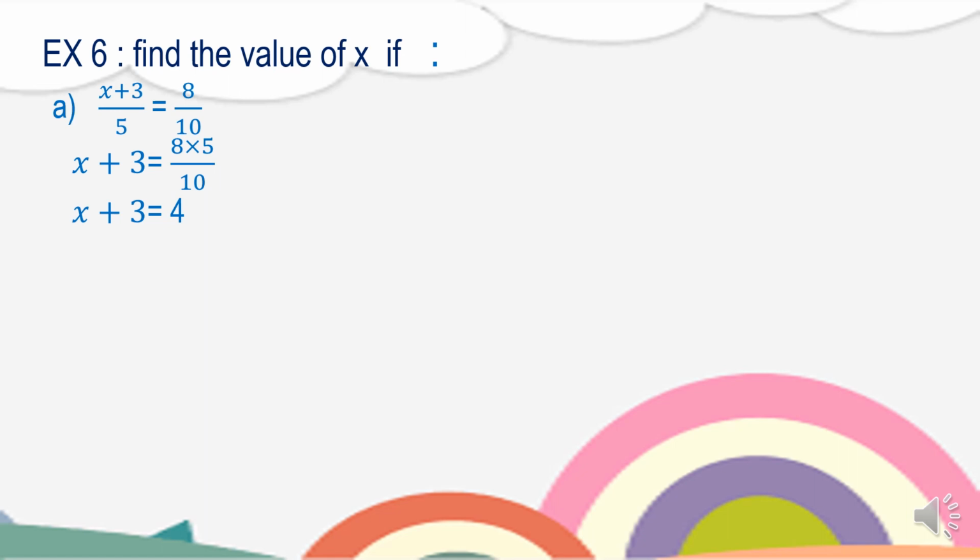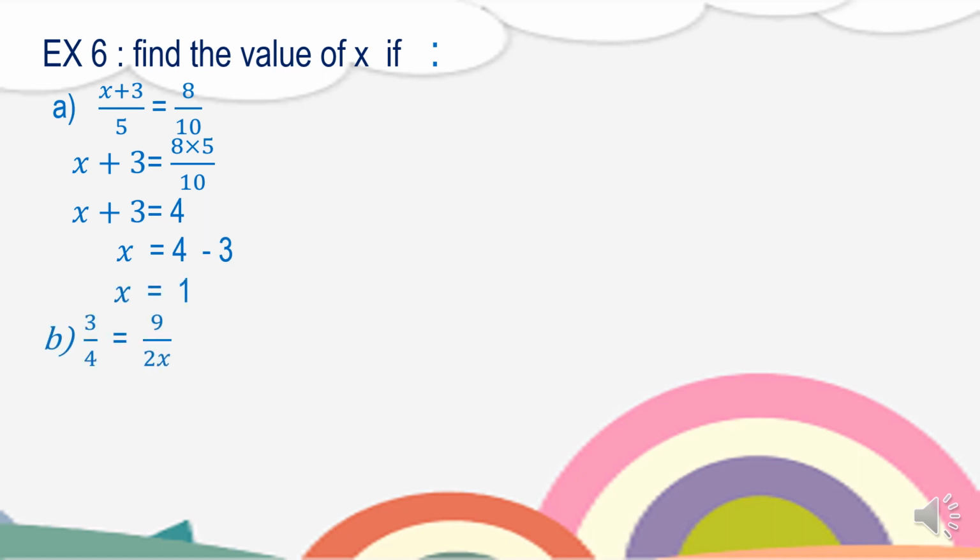I have plus 3, so I remove 3 to the next side by the inverse of the operation. The inverse of adding is subtracting. So x equals 4 minus 3, so x equals 1.